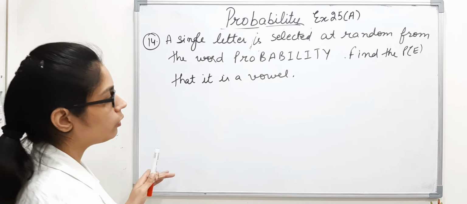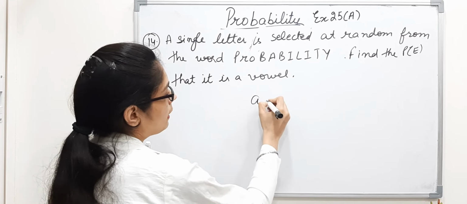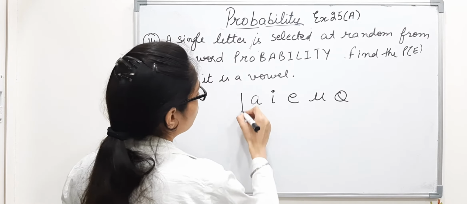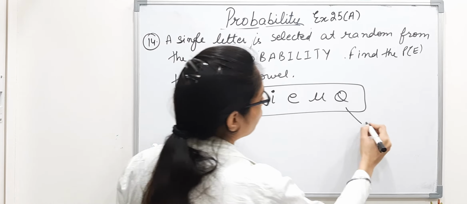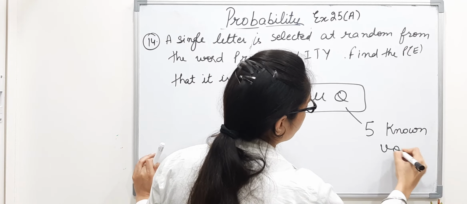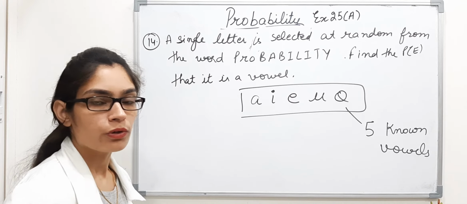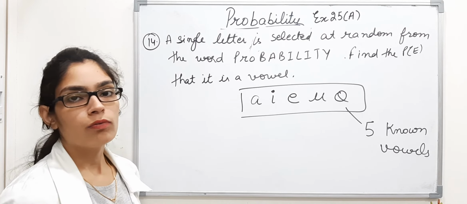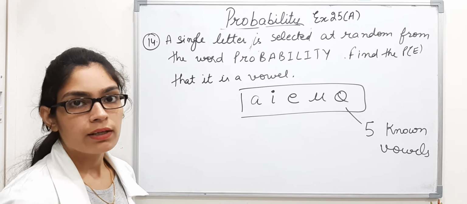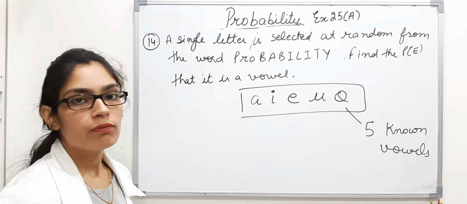Vowels are A, E, I, O and U. These are the 5 known vowels, and you always have to remember them while doing probability. In probability, questions regarding vowels, a deck of cards, tossing a coin, throwing a dice, all these situations will be given in the question.